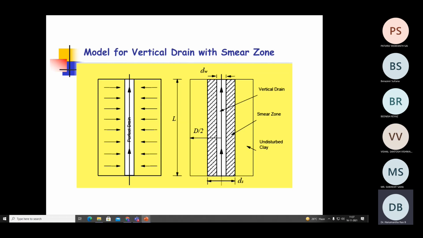Smear zone means disturbed clay, and right outside the smear zone is undisturbed clay. The permeability of the undisturbed clay is designated as KH and KV, while the permeability of the smear zone is designated as Ks, and the permeability of the drain is Kc. So try to distinguish each parameter, because there are three media here, and therefore there are three varieties of permeabilities.